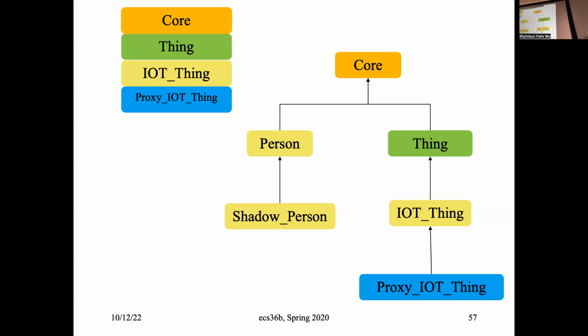At runtime, the program itself will do something to figure out, am I core, or am I thing, or IoT thing, or proxy IoT thing? The mechanism the runtime uses is at the time you create the object, not the time you call it. At the time you create the object, you rewrite your function pointer. So then when you call that function pointer, it's already there. That's a little bit messy, and very unique to C++, both in terms of its definition of virtual function and its implementation.